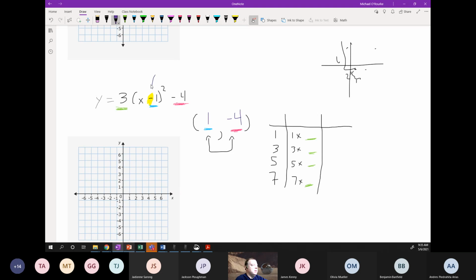This one switches signs. This one stays the same. So 1 comma -4. So we're going to go 1 to the right this time, 1 to the right and down 4, and there's my vertex right there.